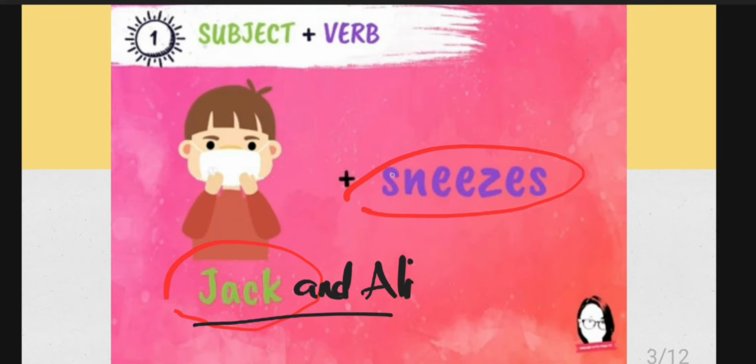So Jack and Ali sneeze, because there are 2 subjects, the verb doesn't have any s. So Jack and Ali sneeze. Okay, let's say if you're just using Jack, so the verb should be Jack sneezes.